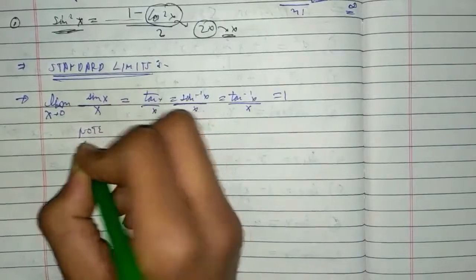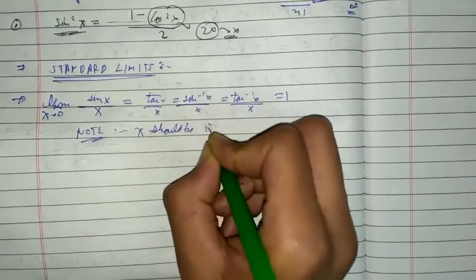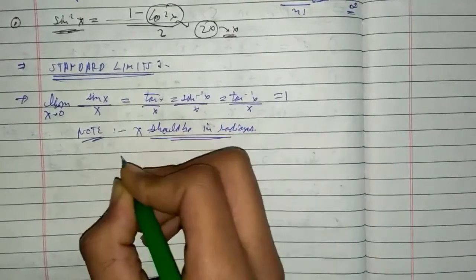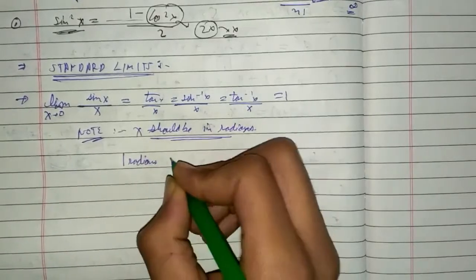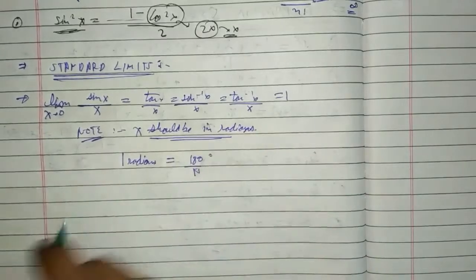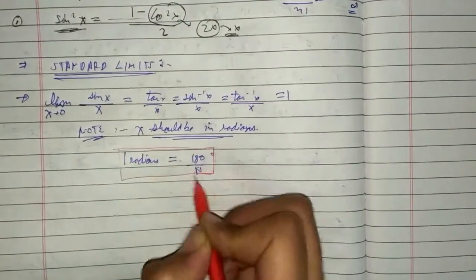And the important note is that x should be in radians. And for your knowledge, 1 radian is equal to 180 upon pi degrees. And you may need this conversion if in the question the angle is given in degrees.